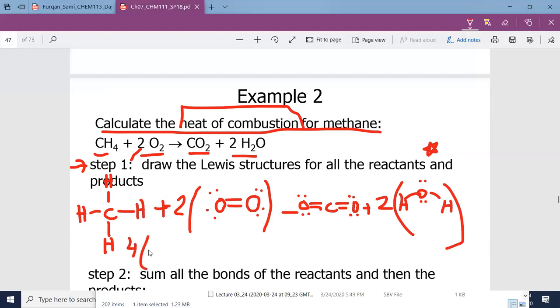I have to figure that out, right? Then plus I have 2 O=O bonds, 2 bonds. Then I have just one molecule, which means 2 C=O double bonds. How many? 2.